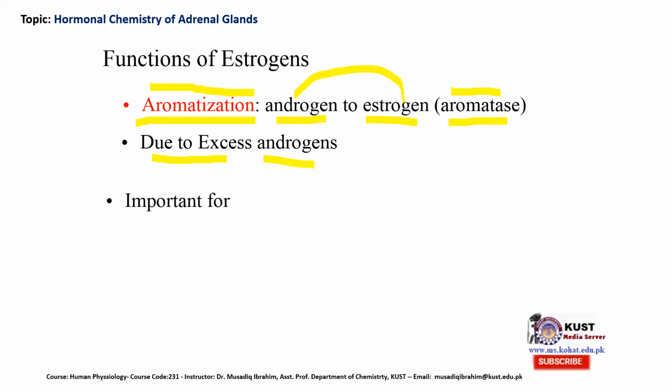Now these estrogens are important for the formation of corpus luteum. This corpus luteum is a yellow endocrine tissue that forms in a ruptured Graafian follicle following the release of an ovum.